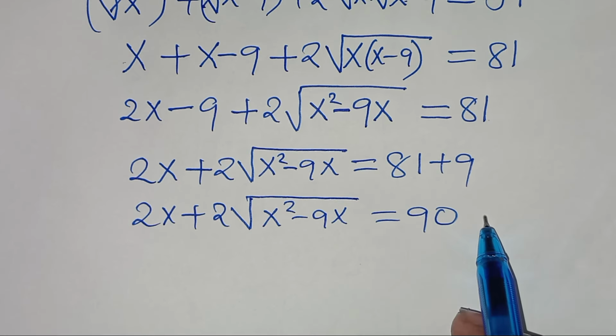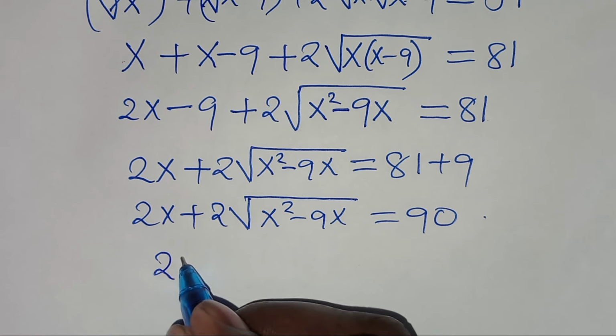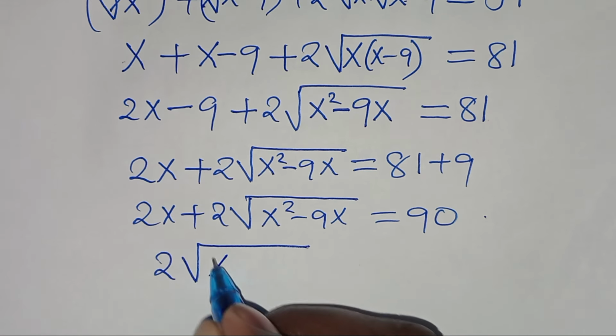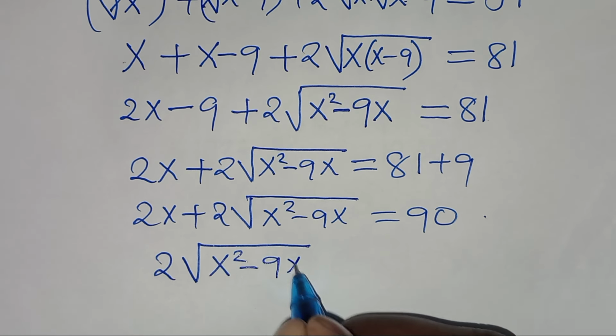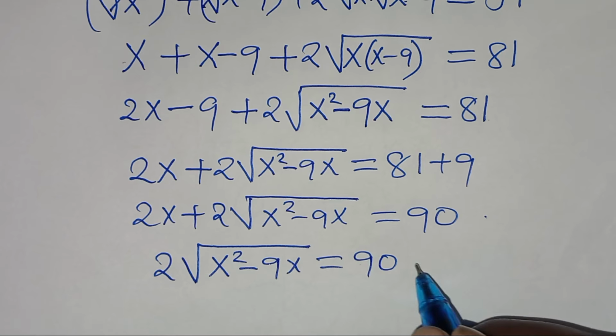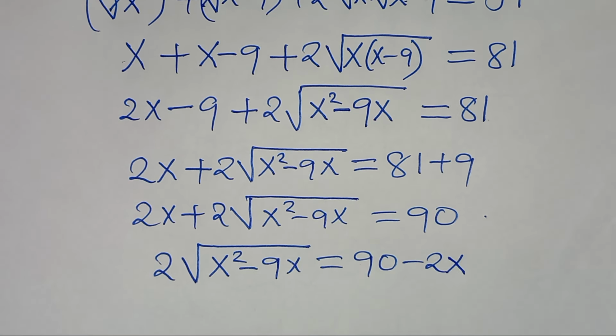Let's take 2x to the right hand side so that we have 2 square root of x squared minus 9x equal to 90 minus 2x.